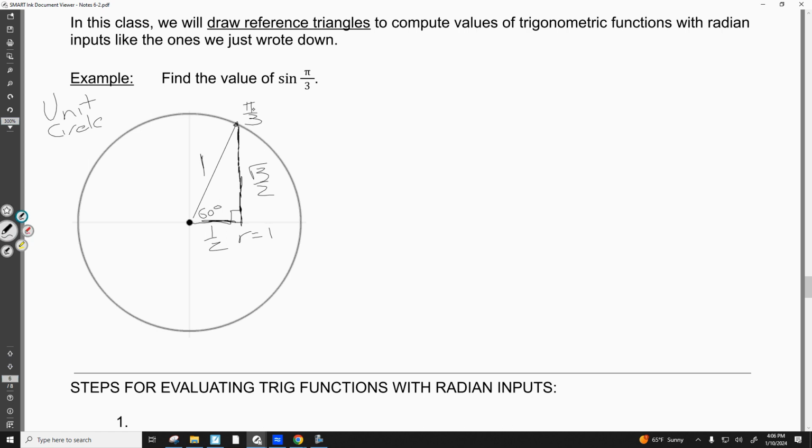Turns out, guys, the sine of pi over 3 has got to be the same as the sine of 60 degrees. You answered what the sine of 60 degrees is last class because you knew the 30, 60, 90 triangle. Well, now you know what the sine of pi over 3 is. Opposite over hypotenuse. What's the sine of pi over 3? Root 3 over 2.